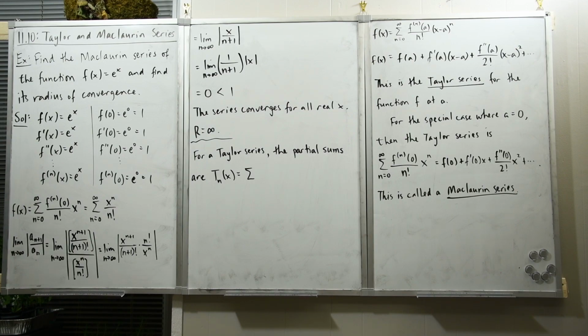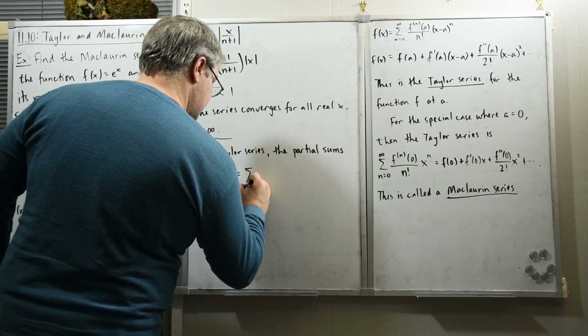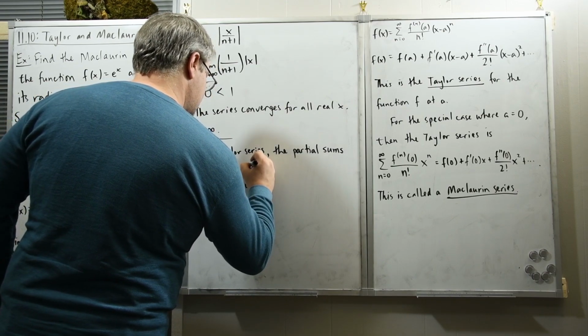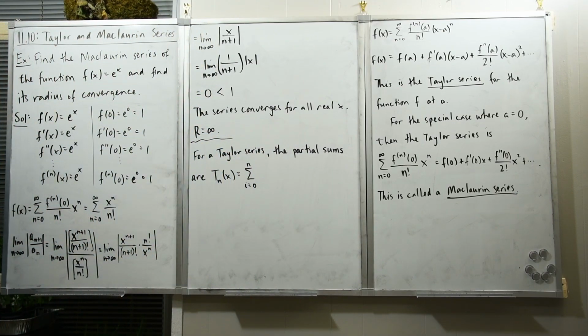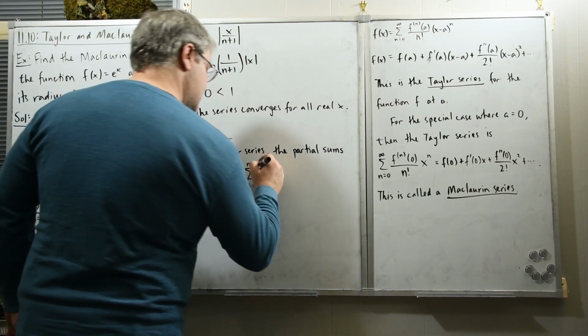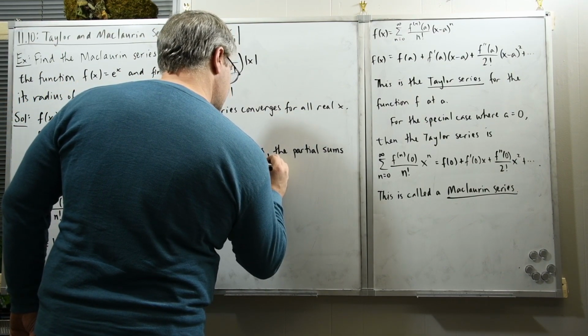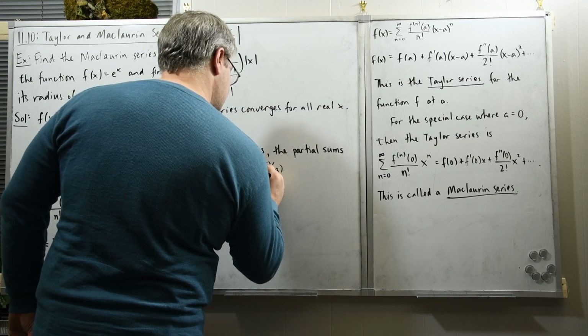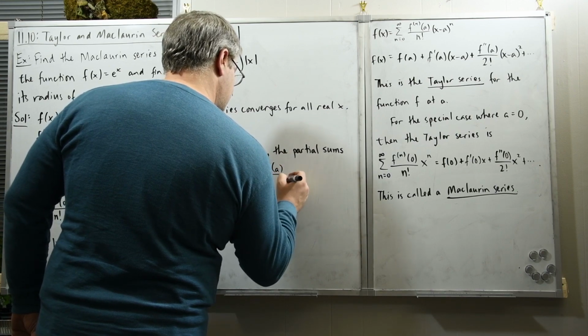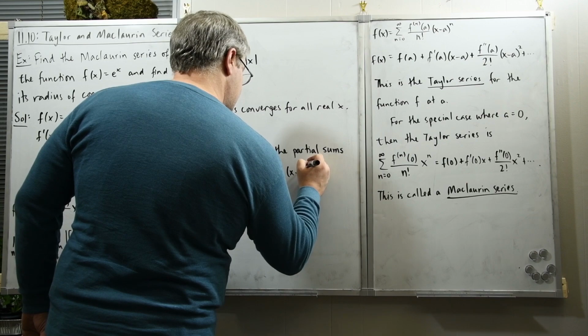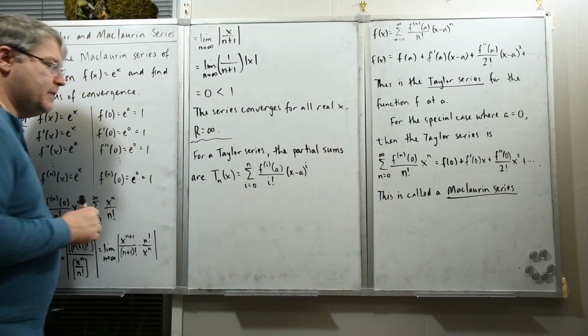And basically, what we're going to do is take the summation from i equals 0 to n of your ith derivative of f at a over i factorial times x minus a raised to the ith power.